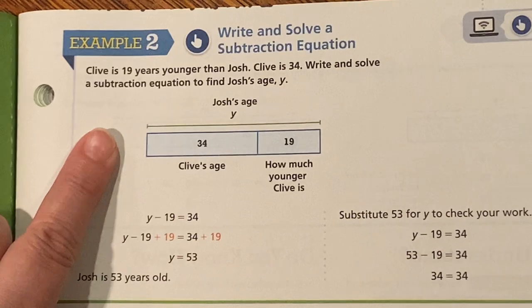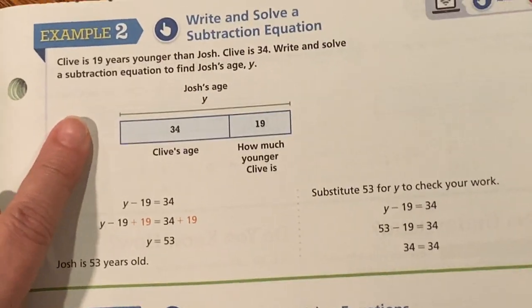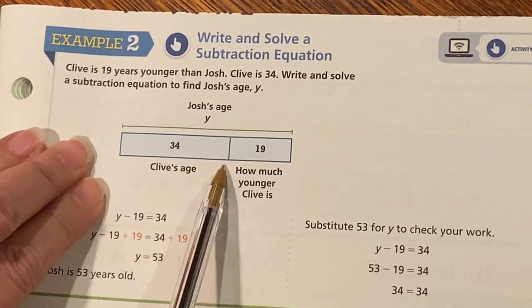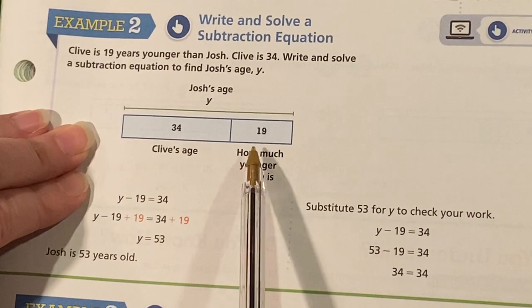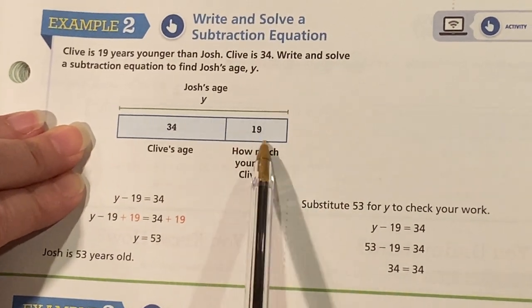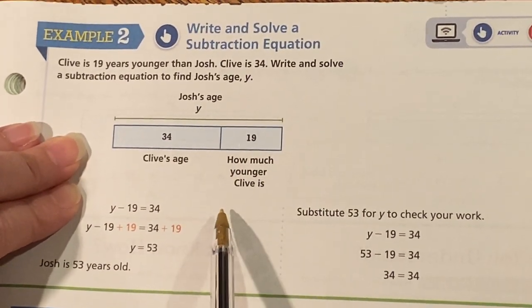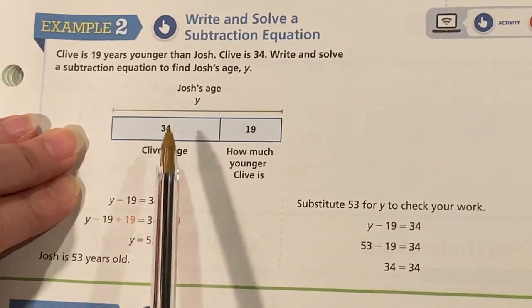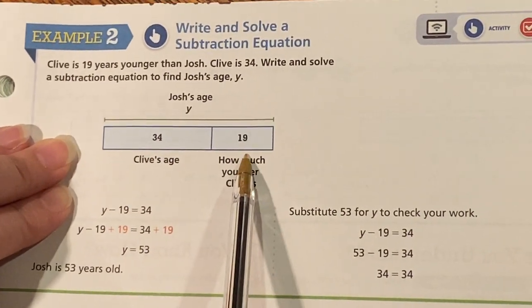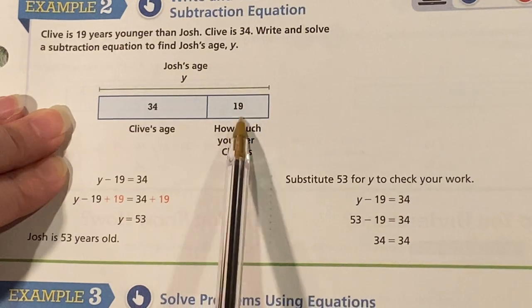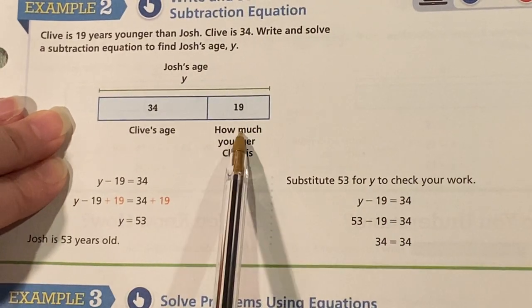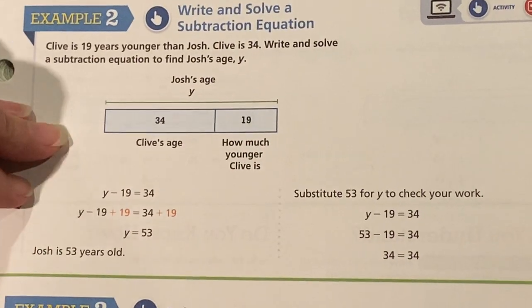I don't know. But here's what we do know. We know Clive's age, and we know how much younger Clive is than Josh. So if you add Clive's age to the 19, because Josh is 19 years older than him, you'll find out Josh's age.